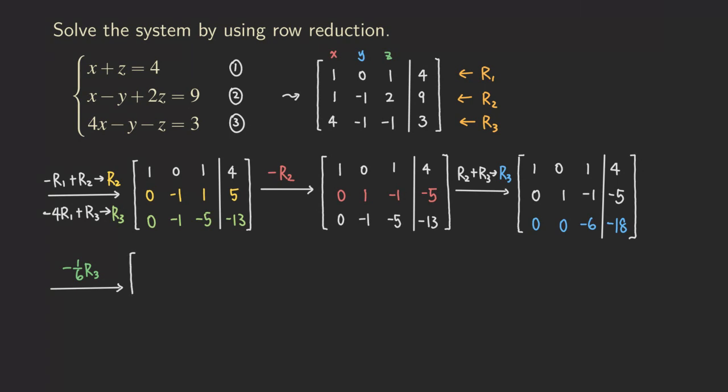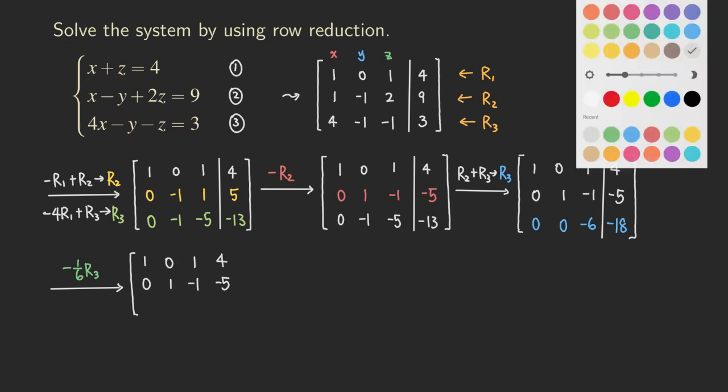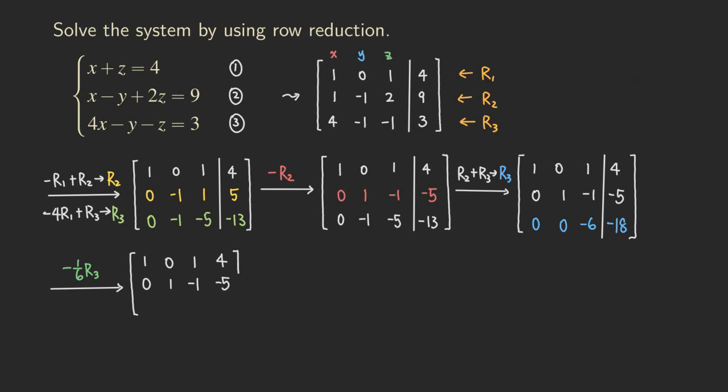Okay, so we just copy all the other stuff, right? So 1, 0, 1, and then the 4. And then 0, 1, negative 1, and then negative 5. And then the last row will change. Actually, let me just close the matrix first.